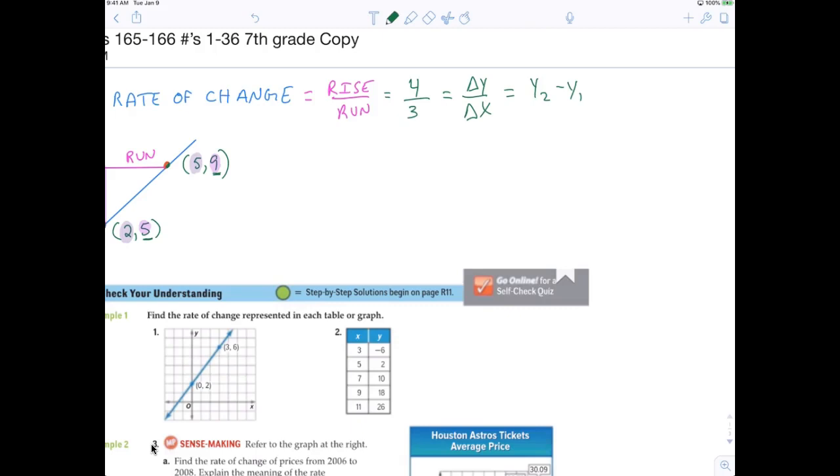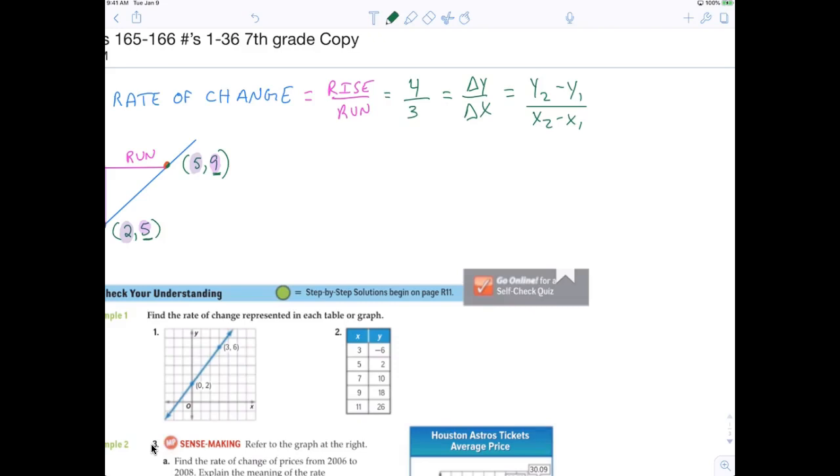And so for delta x, who wants to tell me what the denominator would be? Would it be x2 minus x1? That is correct. x2 minus x1. That's the formal formula that we use when we want to find the slope given 2 points.